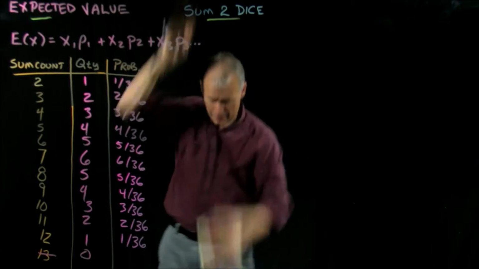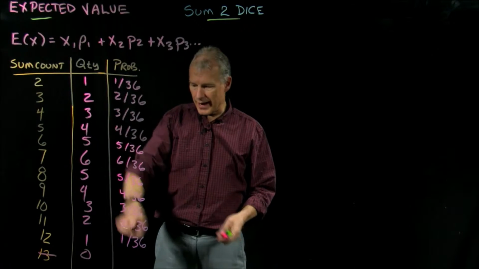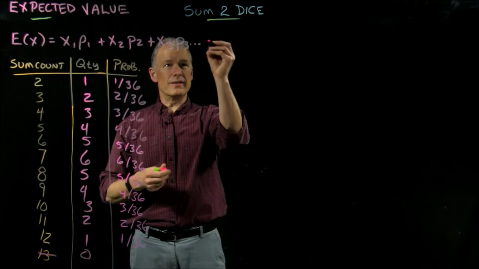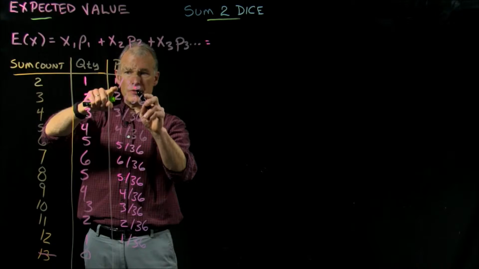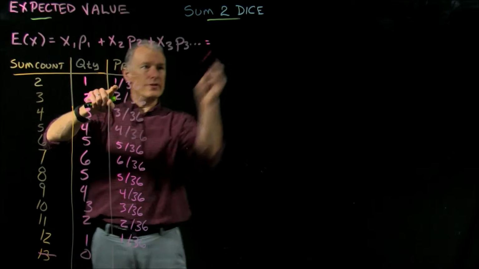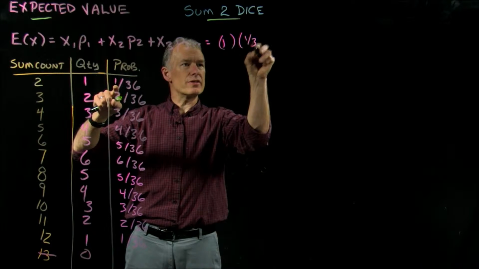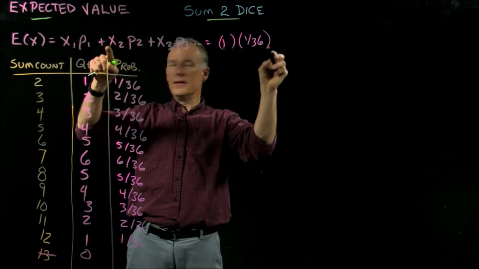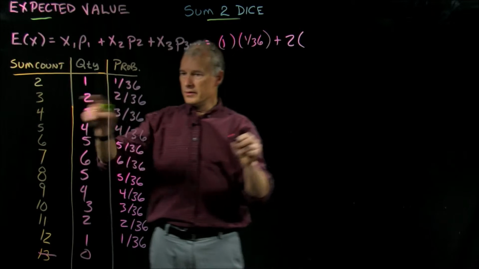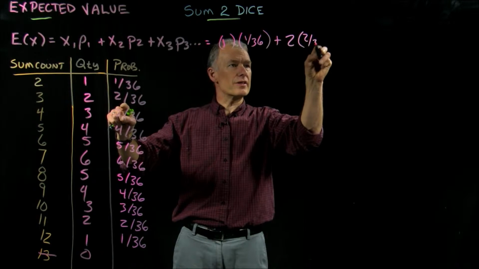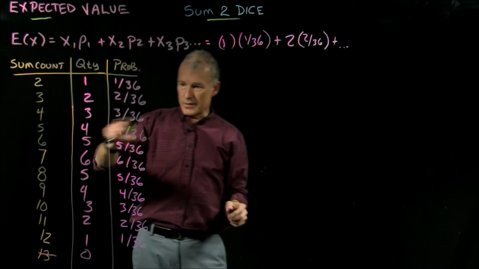Okay, so now let's use this equation to find the expected value. And this takes a bit of time. So the first probability, we have 1 times the probability, which is 1 over 36. Add it to the next one. We have 2 times the probability of 2 over 36, plus, you can imagine we do all of these.